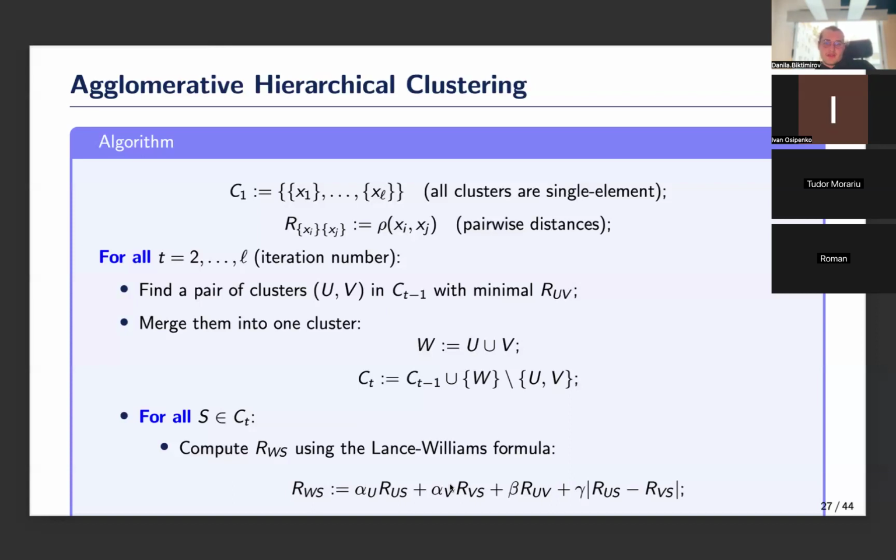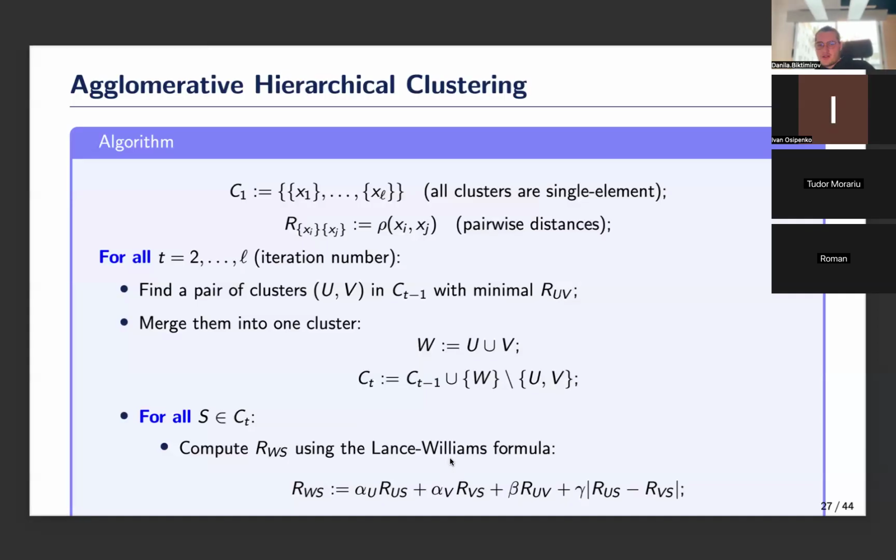And we get this formula: R_WS is alpha_U R_US plus alpha_V R_VS plus beta R_UV plus some gamma times the absolute value of this difference.